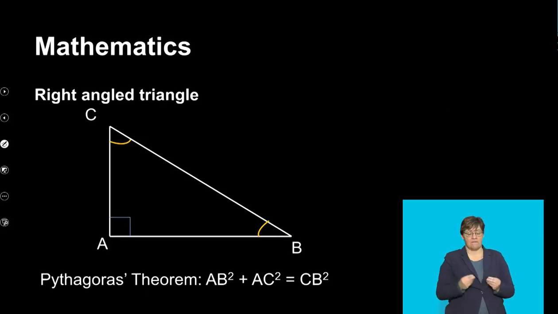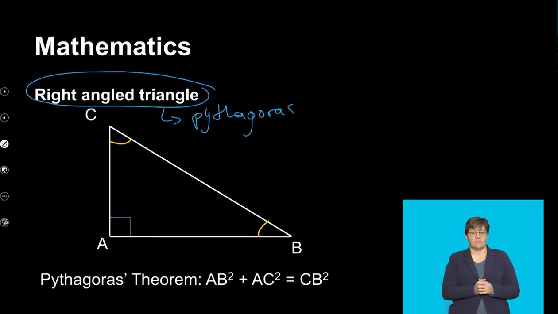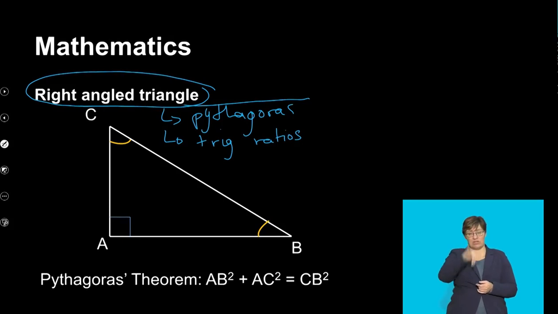Now we also have the right-angled triangle. Now this one is a very special type of a triangle, right? Where we can use things like Pythagoras theorem. We can also use the trigonometric ratios, although we are not talking about that now, right? The trig ratios. So we can use all of this, but for now, because we are still under geometry, we are only going to focus on the Pythagoras.